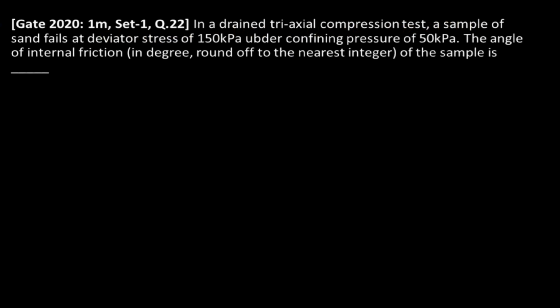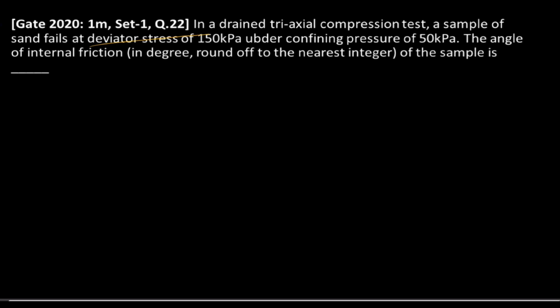In this question, they have given that in a drained triaxial compression test, a sample of sand fails at deviatoric stress of 150 kilopascal under a confining pressure of 50 kilopascal. Find the angle of internal friction of the sample.